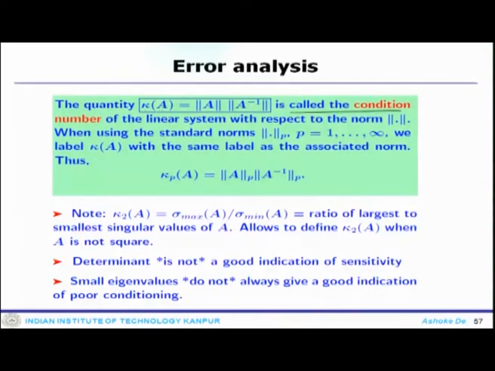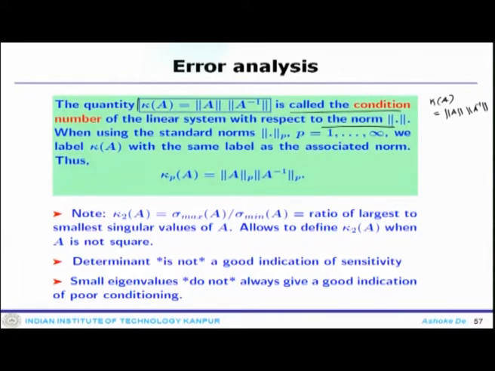It is represented as kappa A, the condition number of a matrix A, which is the norm of A times the norm of A inverse, of a linear system with respect to a norm.